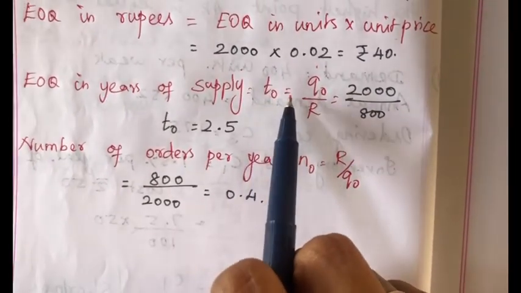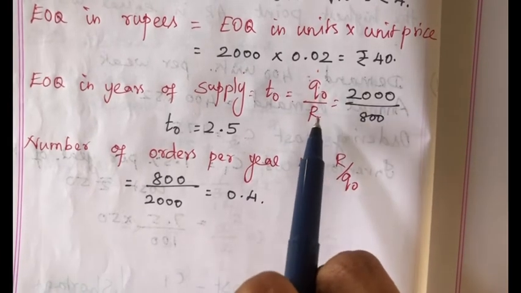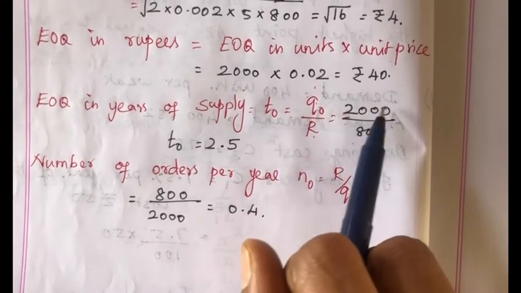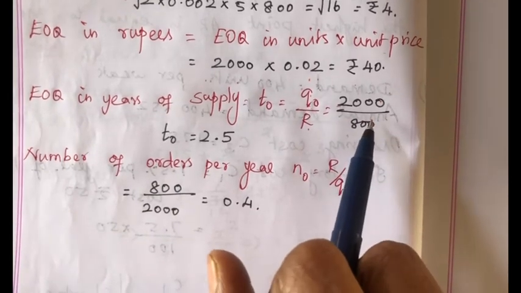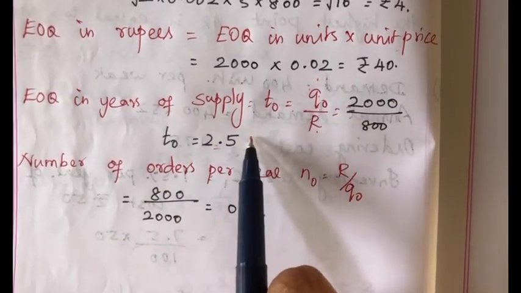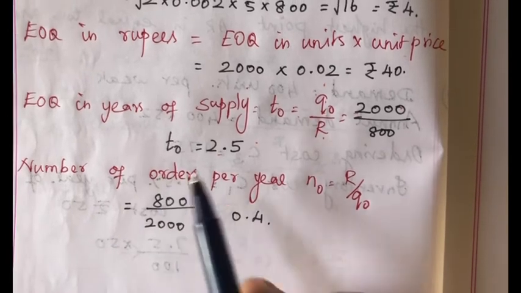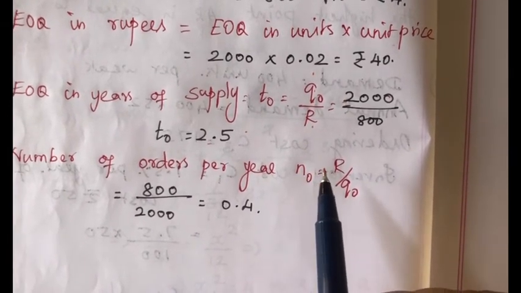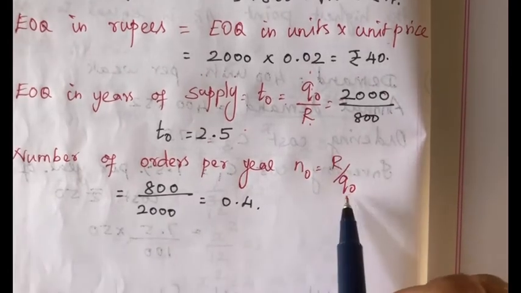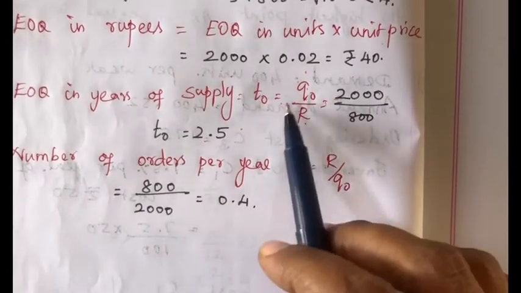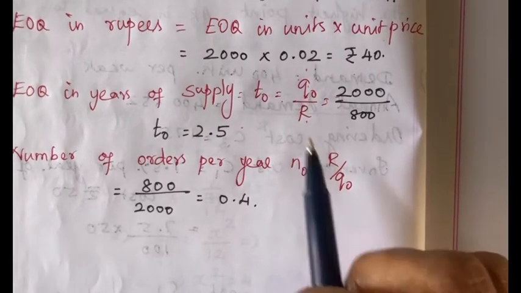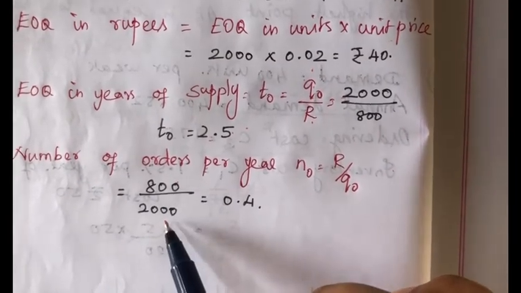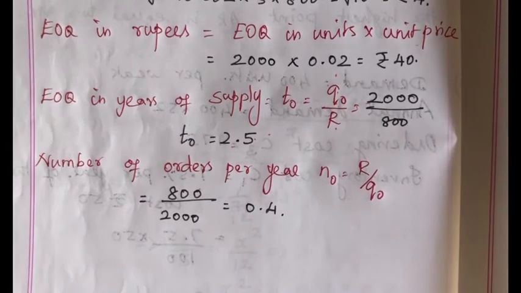T naught is equal to Q naught divided by R. Q naught is EOQ, that is 2000 divided by 800, that is equal to 2.5. Number of orders per year, that is N naught. N naught is equal to R by Q naught, the reciprocal of T naught. So, 800 divided by 2000, that is equal to 0.4.